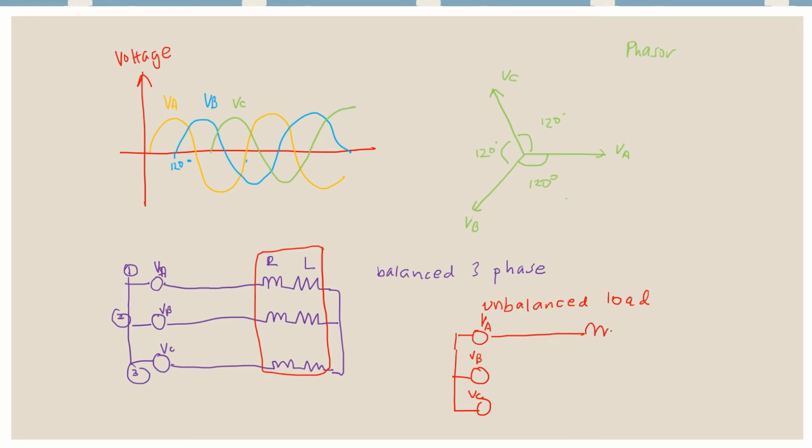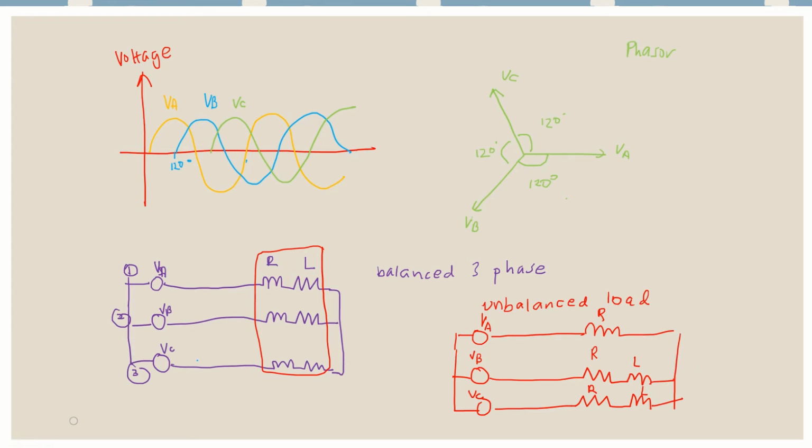In unbalanced load, you will see that this is my RL, this is my R. Sorry, my drawing is not really neat.